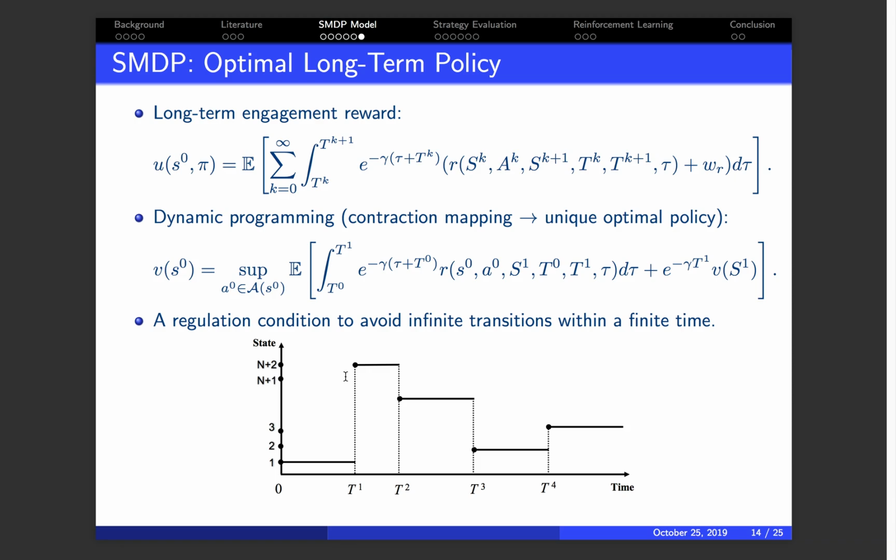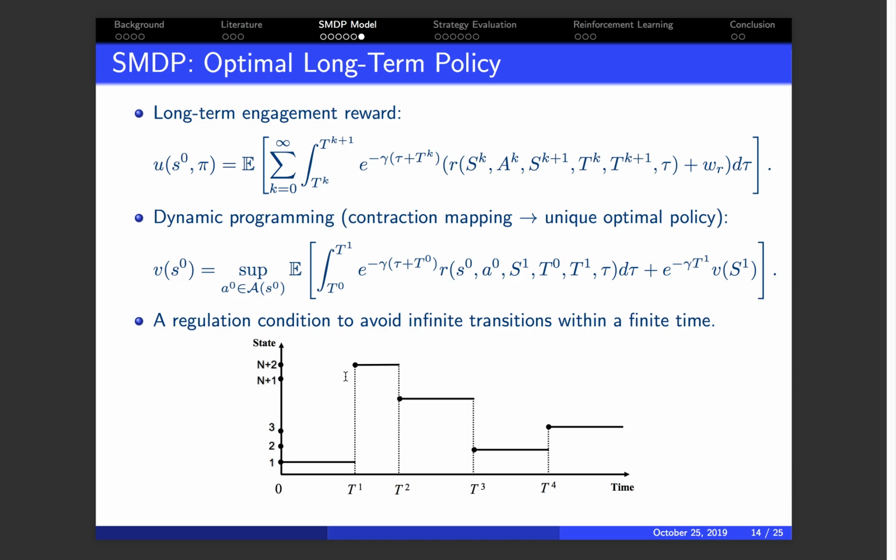We want to find a policy pi to maximize this u as pi, and the value of this maximization is the v as 0.